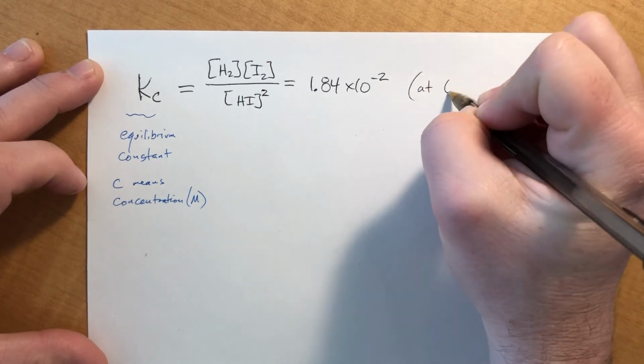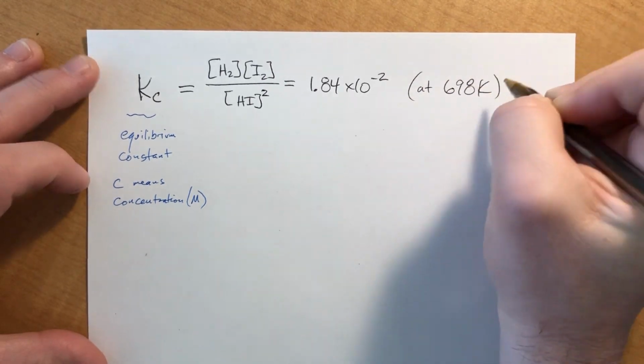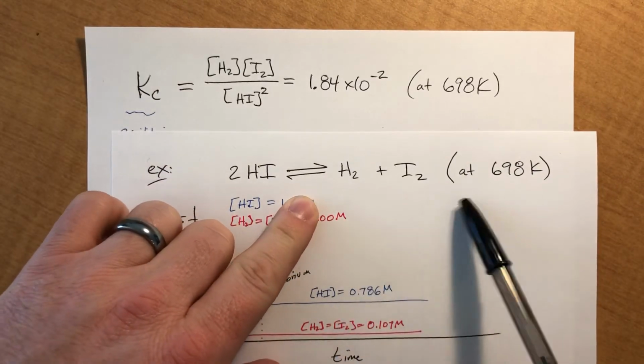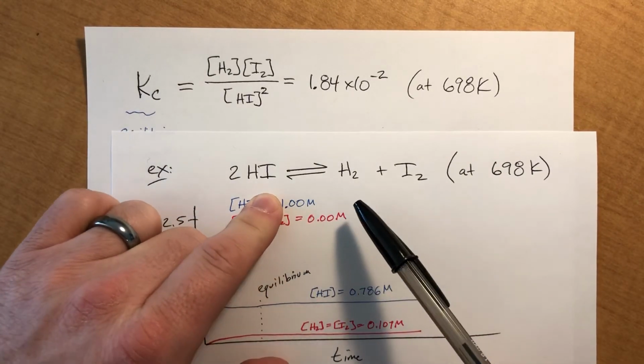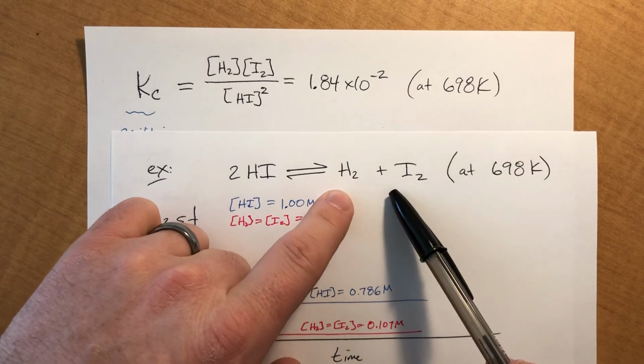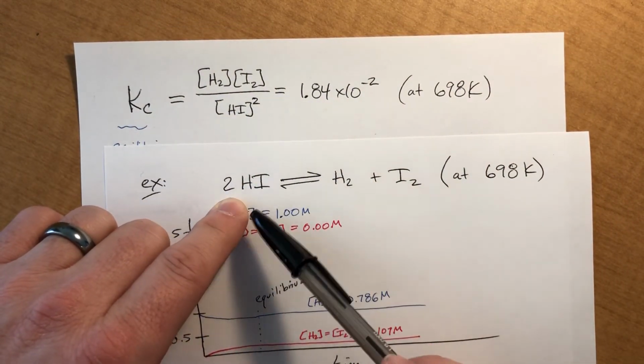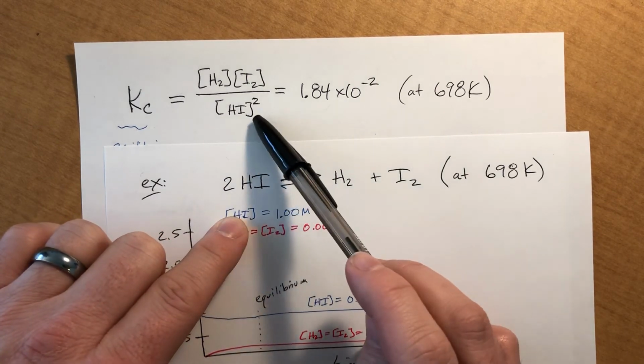And this is still at 698. Okay, so this is the reaction that was at the top. Essentially what it comes out to is these two things multiplied together divided by this squared. And the 2 in the front is the reason it's squared.